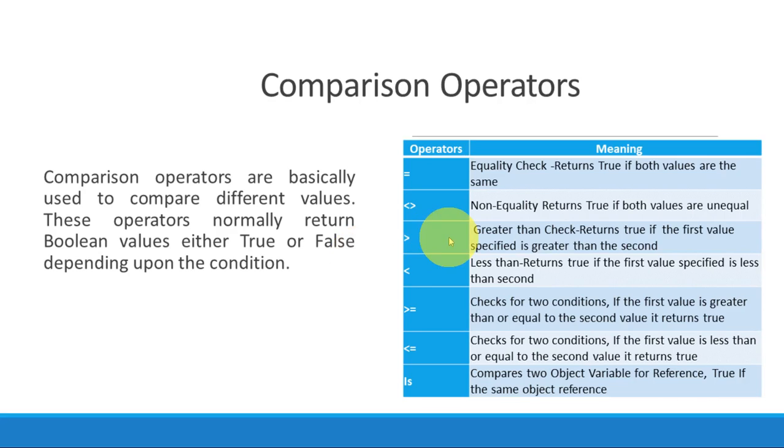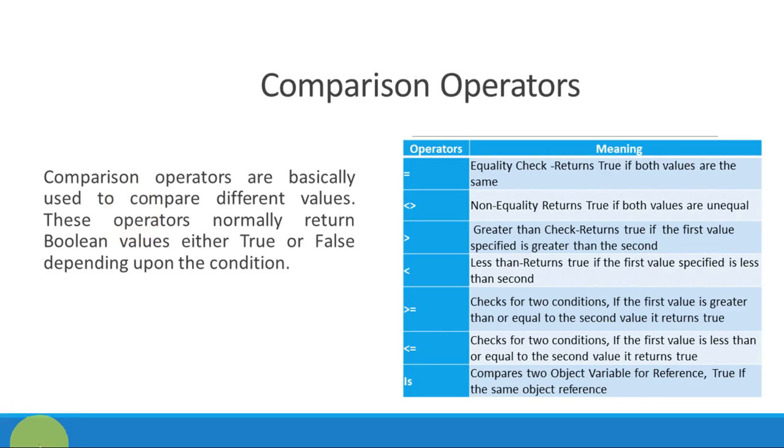The various comparison operators are equal to, not equal to, greater than, less than, greater than or equal to, less than or equal to, and Is. Basically, it compares two expressions or values and returns either true or false.